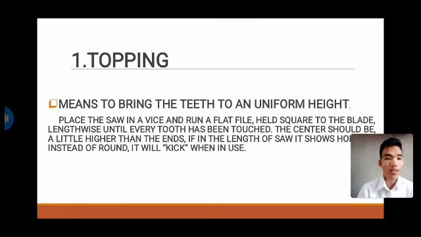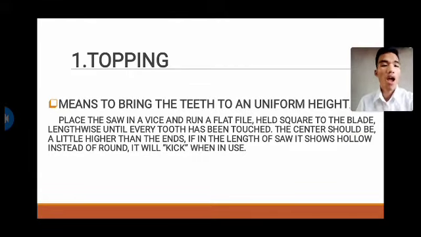If the length of the saw shows hollow instead of round, it will kick when in use. That is the problem. If our crosscut saw has a higher tooth or teeth, it will kick when in use.